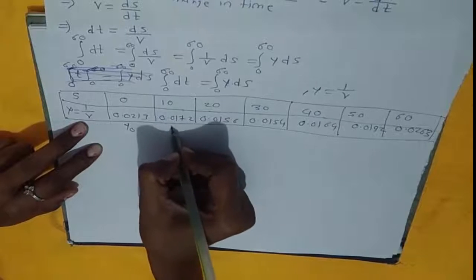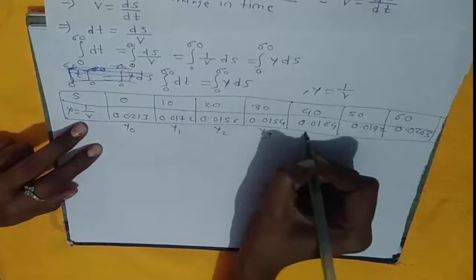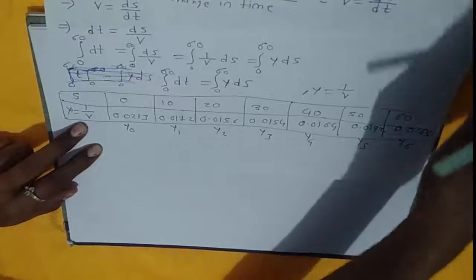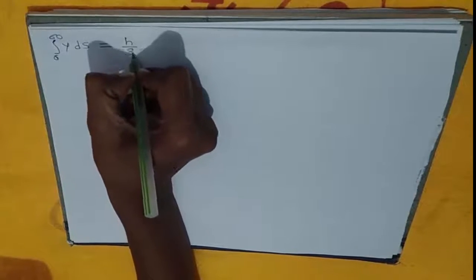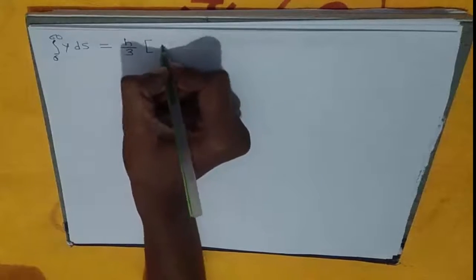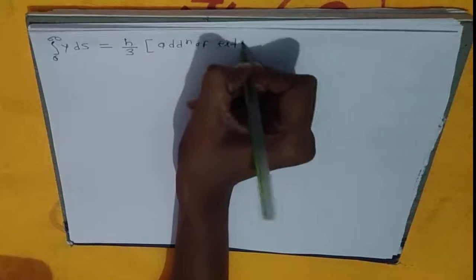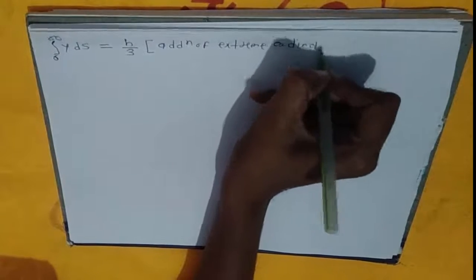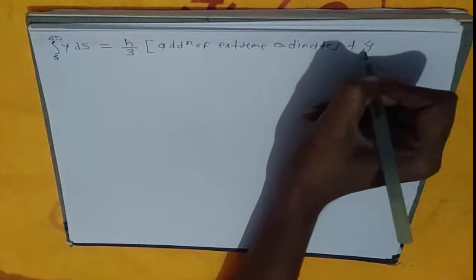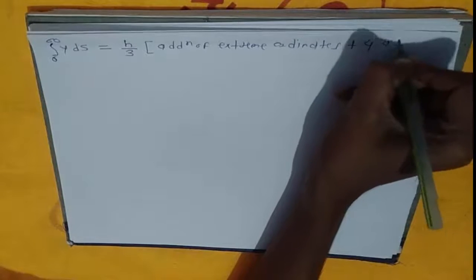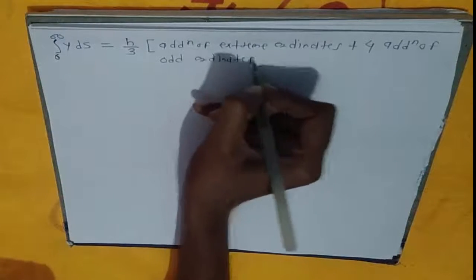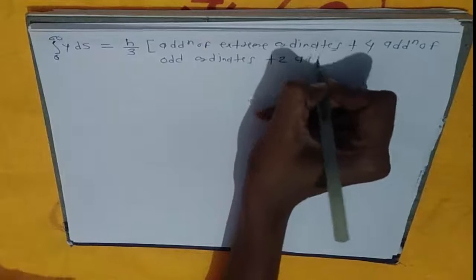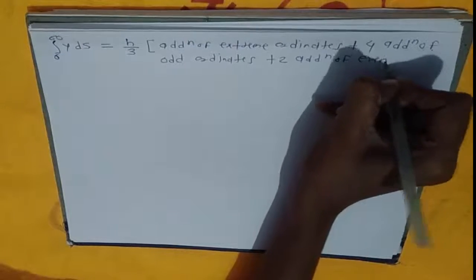If we consider the values of y to be y0, y1, y2, y3, y4, y5 and y6, then using Simpson's 1/3 rule, which is h divided by 3 times the bracket: addition of extreme ordinates, plus 4 into addition of odd ordinates, plus 2 into addition of even ordinates.